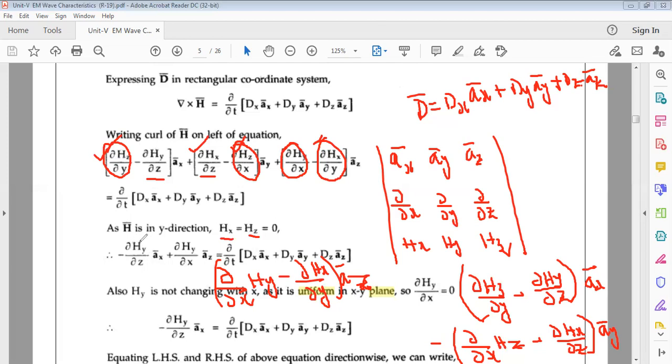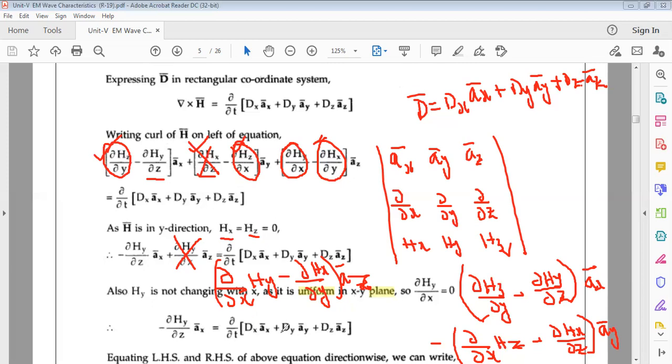So finally, minus ∂Hy/∂z into ax bar plus ∂Hy/∂x. Hy is not changing with respect to x, as it is uniform in the xy plane, so ∂Hy/∂x is also 0. So we have only one term on the left hand side, that is minus ∂Hy/∂z into ax bar.